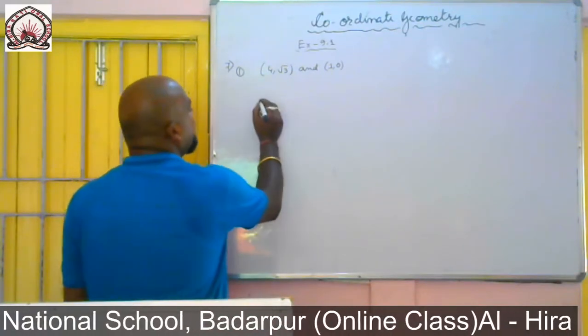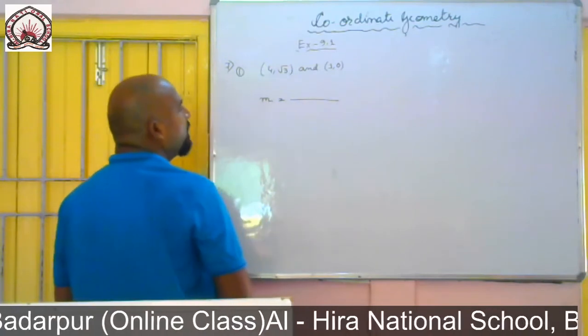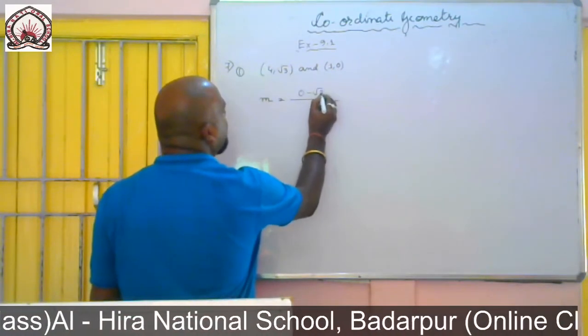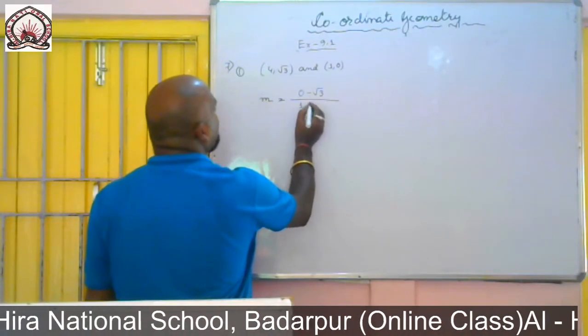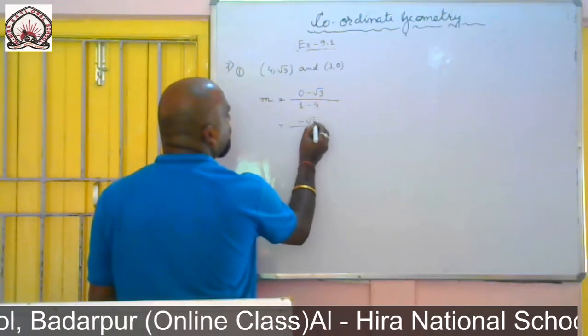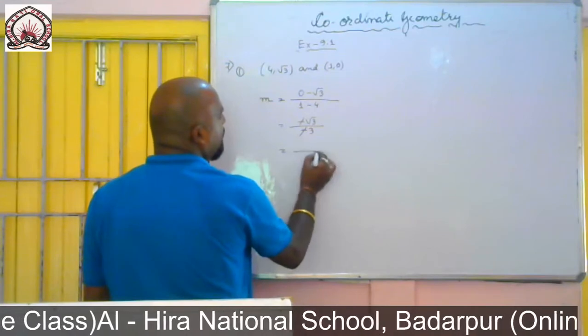Now gradient of the line m equal to change in y coordinate. So 0 minus of root 3 by 1 minus of 4. Okay. What we are getting here? Minus of root 3 by minus 3. Minus minus cancel.